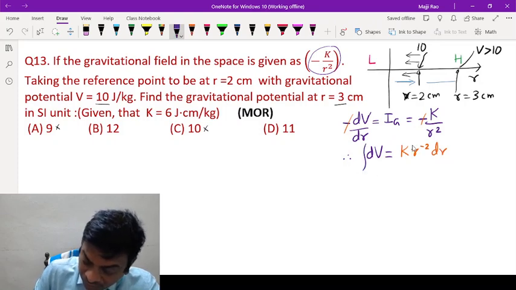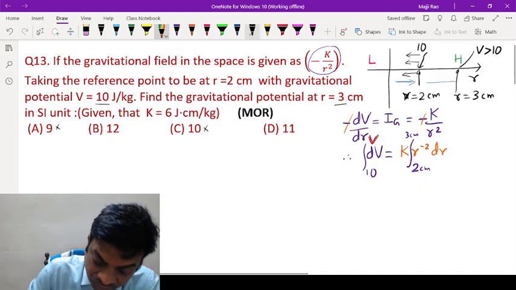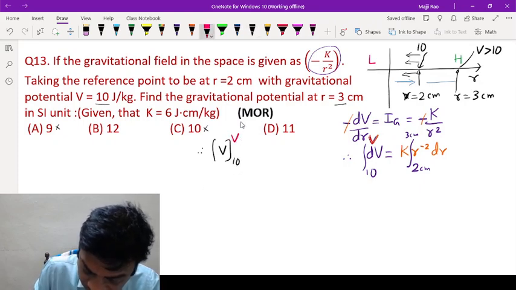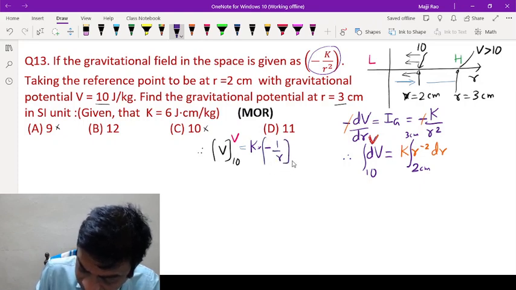Okay. Now integrating both sides. When R is 2 cm, potential is 10 joule per kg. When R is 3 cm, we want the new potential. Let us name the potential as V. So therefore, we have integral of dV between limits 10 to V is equal to K into, this will be minus 1 by R integrated between limits 2 cm to 3 cm.